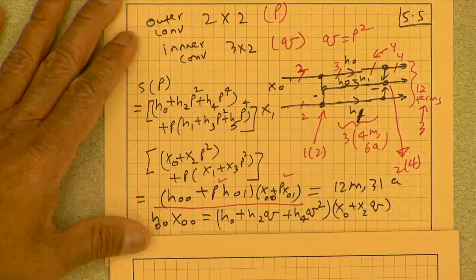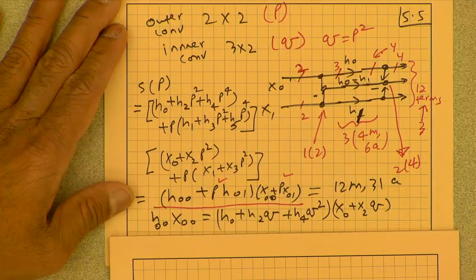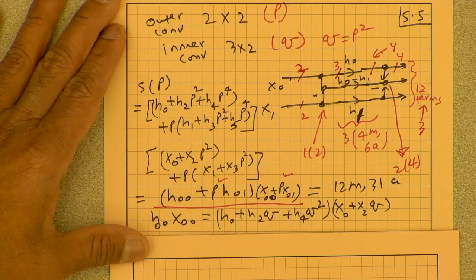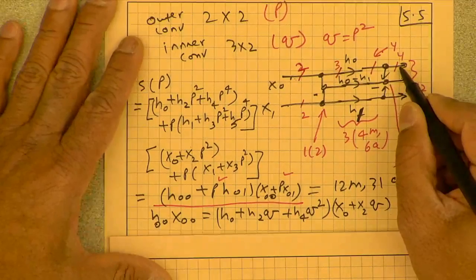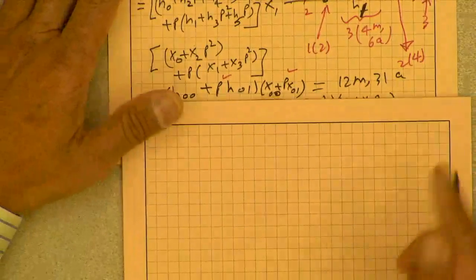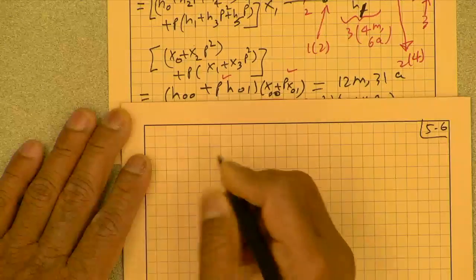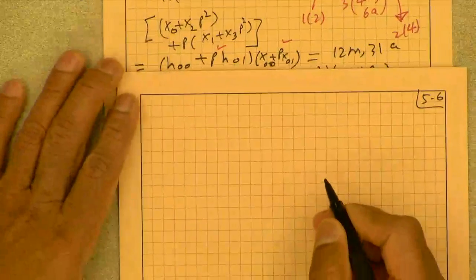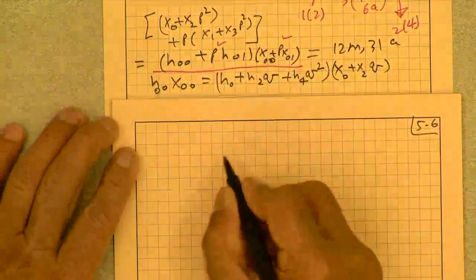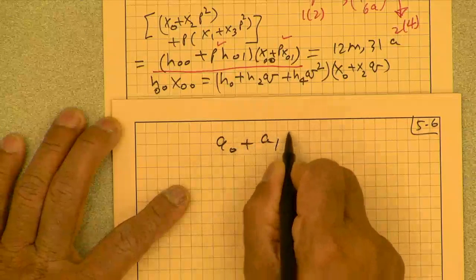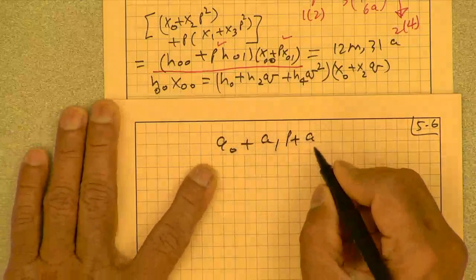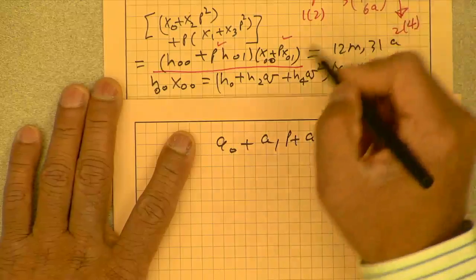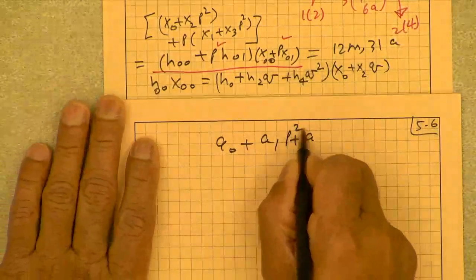Let's say that out of these terms I got 3 degree 3 polynomials. These are polynomials in q, where q means p squared.